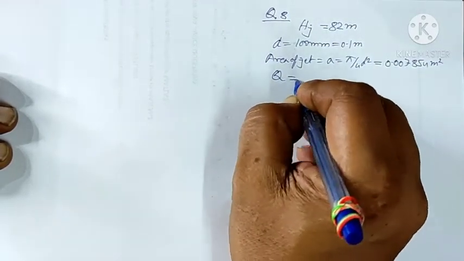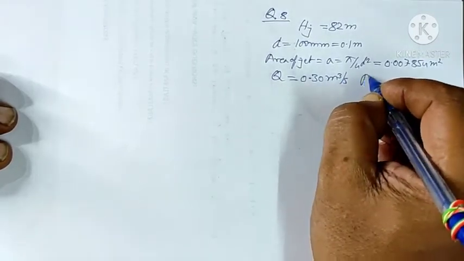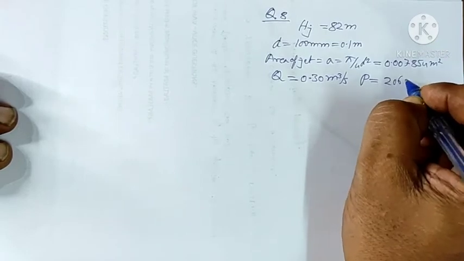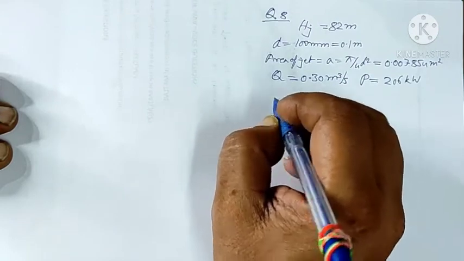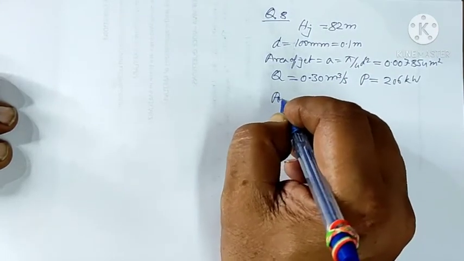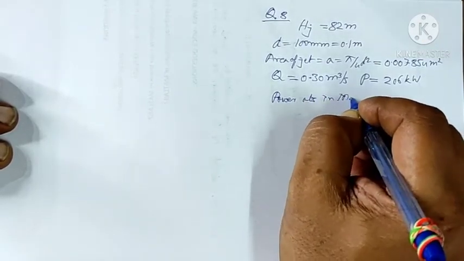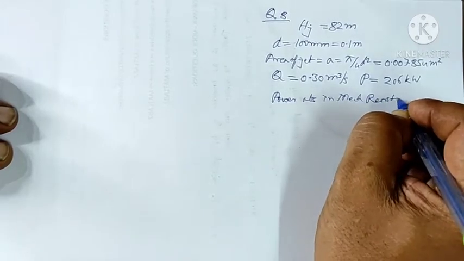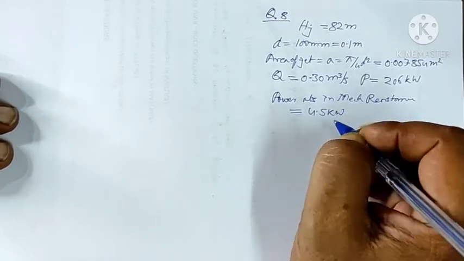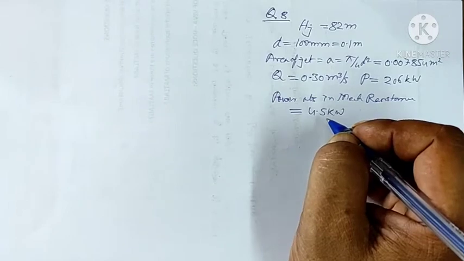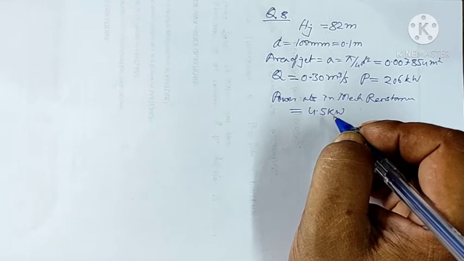Discharge is given as 0.30 meter cube per second, and the shaft power P is given as 206 kilowatt, and the power absorbed in mechanical resistance is given as 4.5 kilowatt, and we had to find out the power lost in the nozzle and power lost due to hydraulic resistance in water.